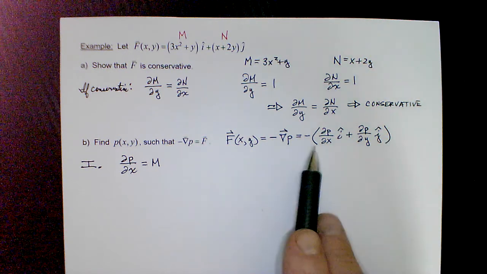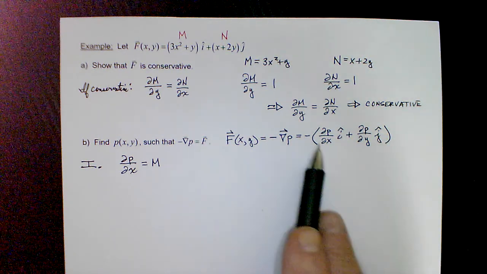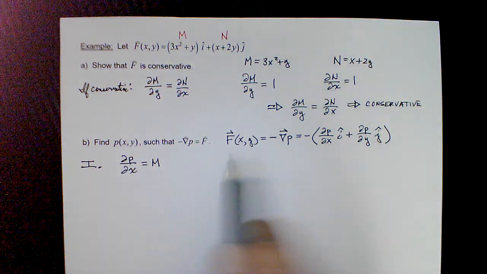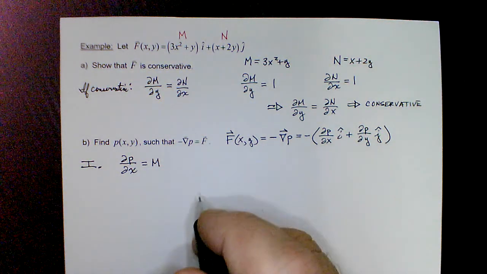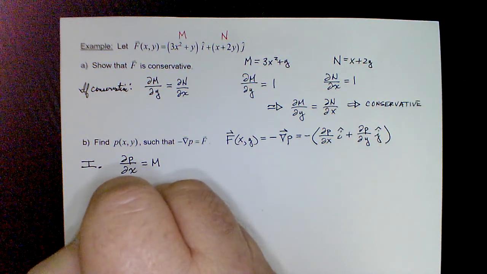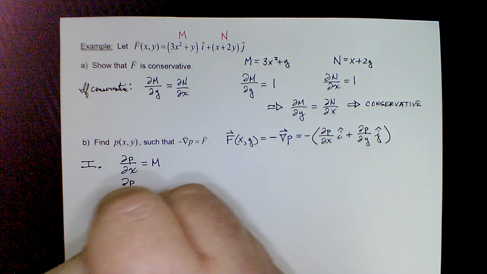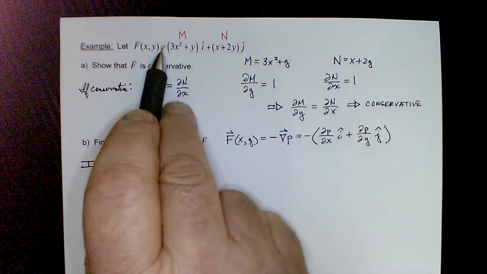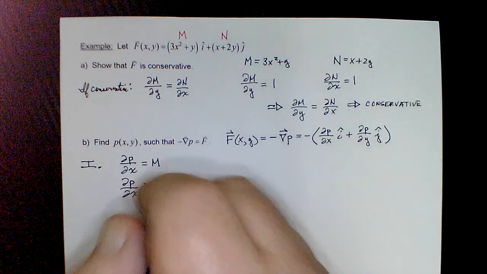And we'll worry about the negatives later. We'll find p, and then we'll take the negative of it to make everything work, and we'll even verify that. But in any event, we could say that the partial of p with respect to x then is, okay, m is 3x squared plus y.